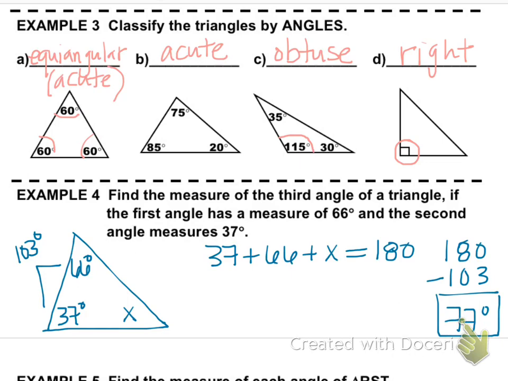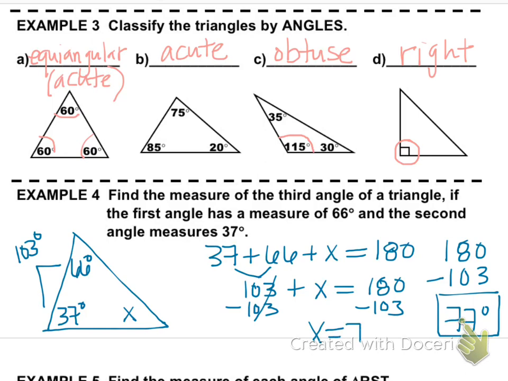If you were to solve it using the equation, you would combine these two numbers right here, which would also give you 103 degrees. This is actually just the same thing we just did. You would subtract 103 from both sides, and x would similarly give you 77 degrees. So either way is just fine, whichever way makes more sense to you.